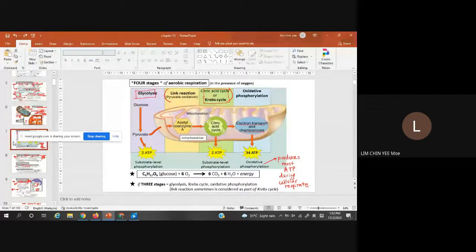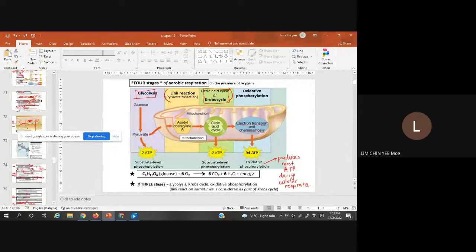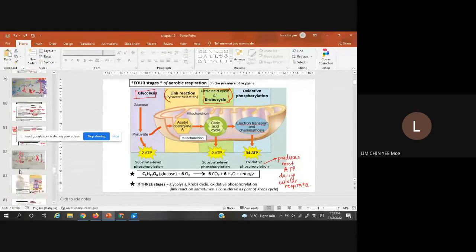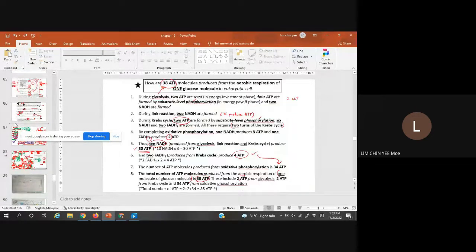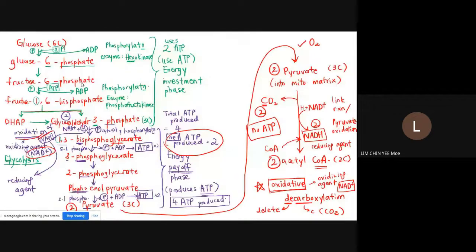So we say the 4 stages or the 3 stages, either is correct. Now let's start with glycolysis in the cytoplasm. This is what we learned the other day.